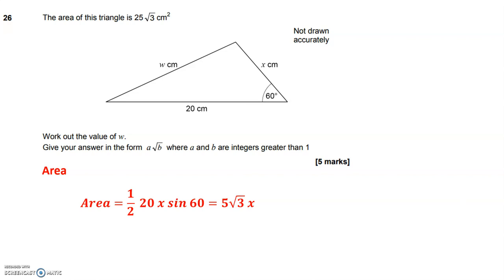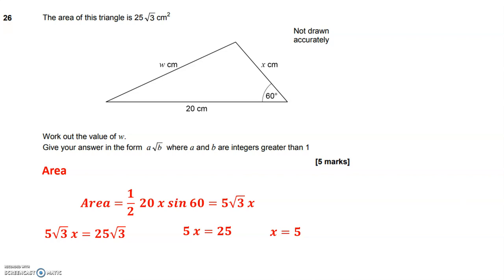But that's equal to 25 root 3, because they tell you that in the question. Well, you can cancel by the root 3 there, and that gives you that 5x is 25, so x is 25 divided by 5, that's just 5. There we go. So we know what x is now. X is 5.